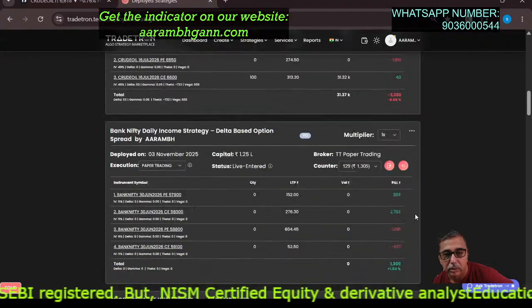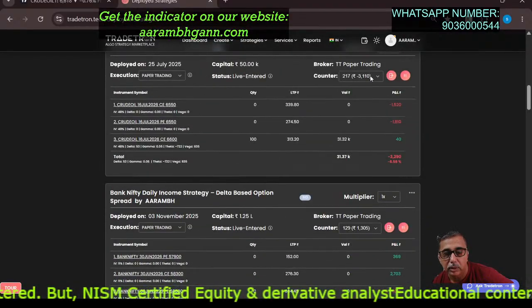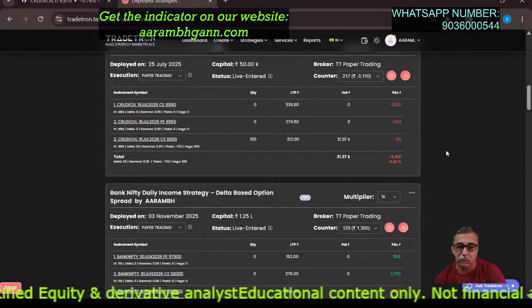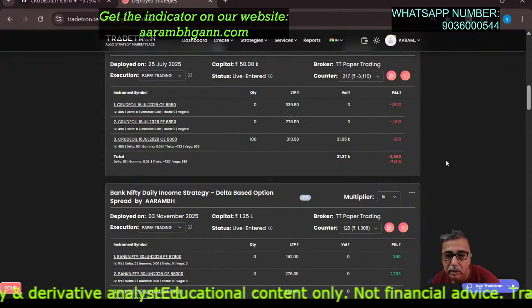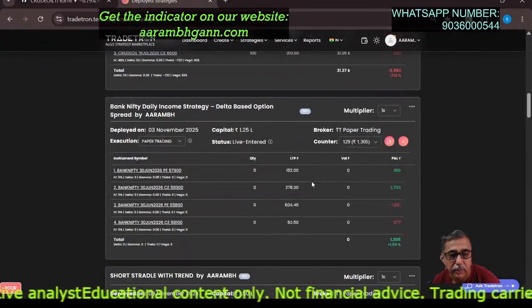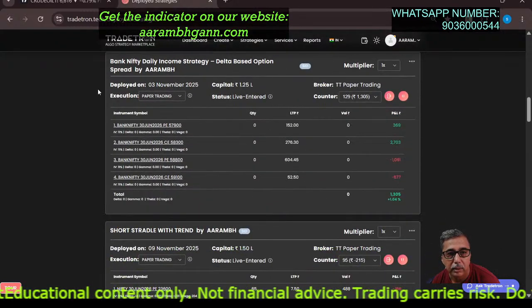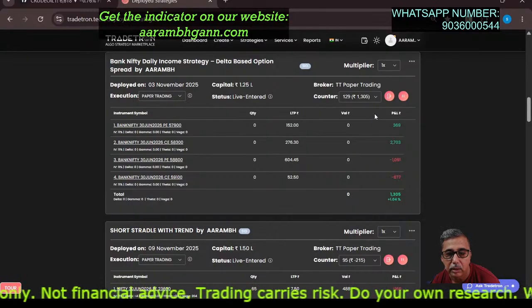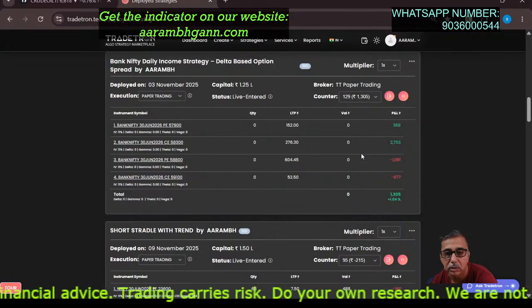Now this is actually a sideways crude oil. So you see here a 3,400 loss is running today. We'll see how it is going to work. The Bank Nifty daily income strategy has booked 1,300 rupees. Yesterday a 3,000 rupee loss, 2,000 rupee loss.